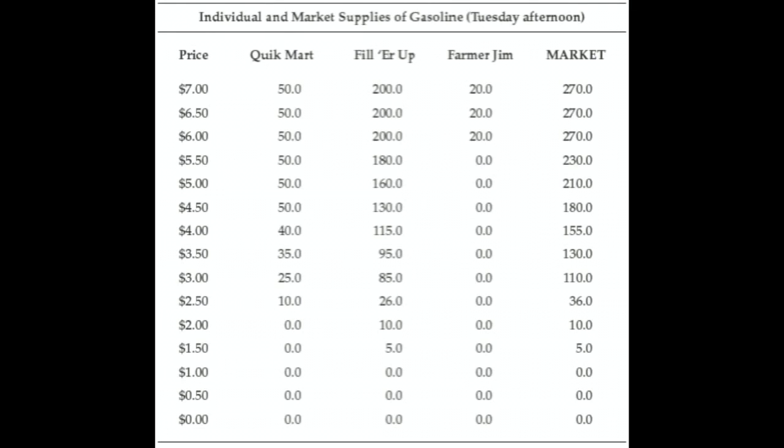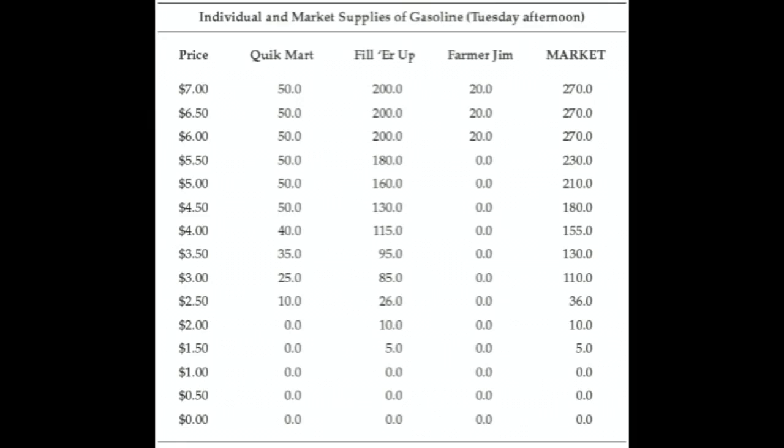And the idea is that Farmer Jim had a lot of gasoline on hand that he was going to use for his equipment, but if the price of gasoline for some reason should get really high to $6 a gallon or higher, then he's going to offer 20 gallons on the market just because he's realizing that's an abnormally high price and he would rather sell at that price and then buy later when the price comes back down for his needs on the farm.